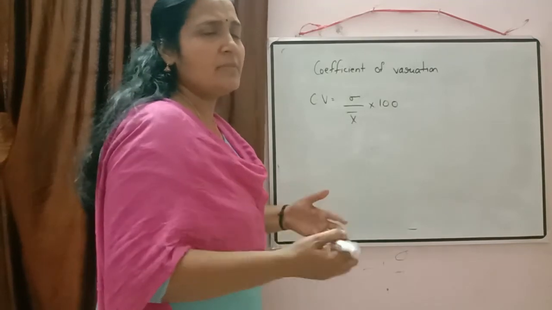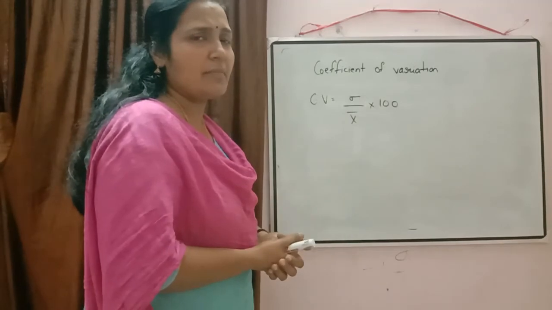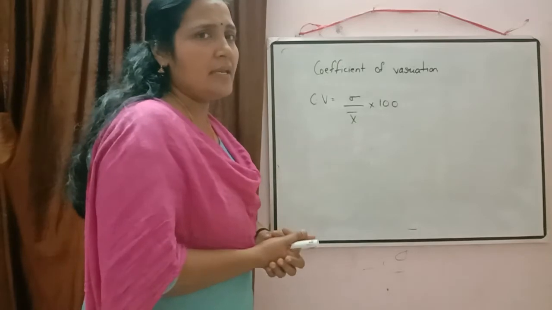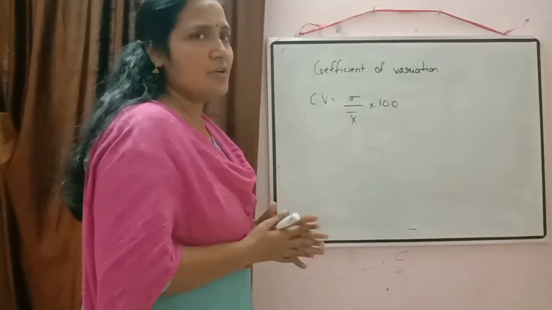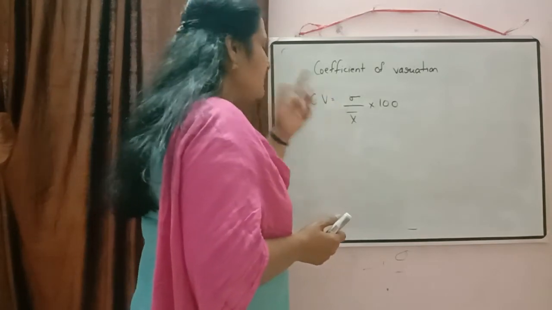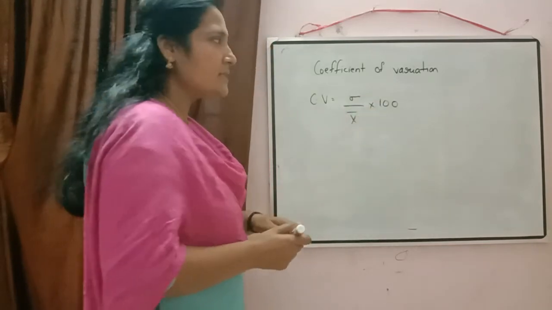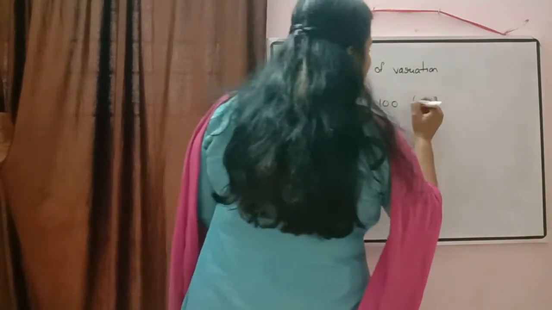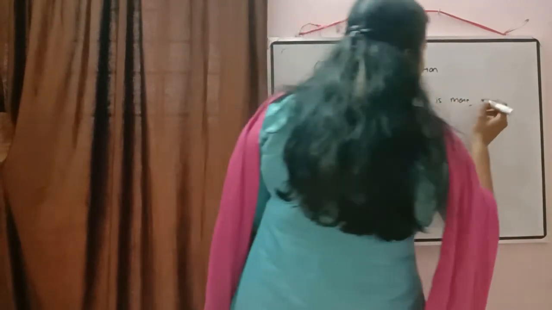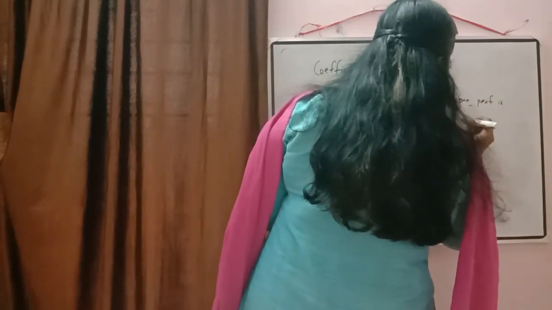Usually only formula-based questions will be asked, because if two teams are there, we have to calculate the mean and standard deviation of both the teams, and then we have to compare the coefficient of variation. Usually from the statistics topic, it is a 6 mark question at maximum. That will come when you calculate standard deviation or mean deviation. So this formula you should remember: coefficient of variation is equal to standard deviation by x bar into 100. If the coefficient of variation is more, it means the performance is less consistent, correct?